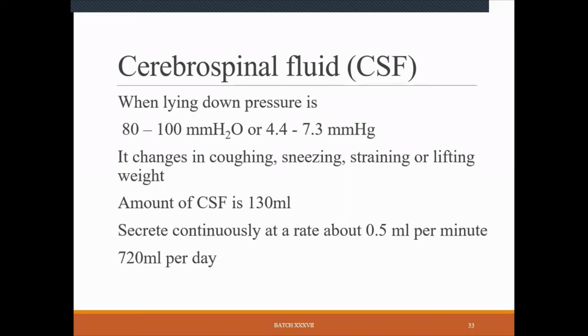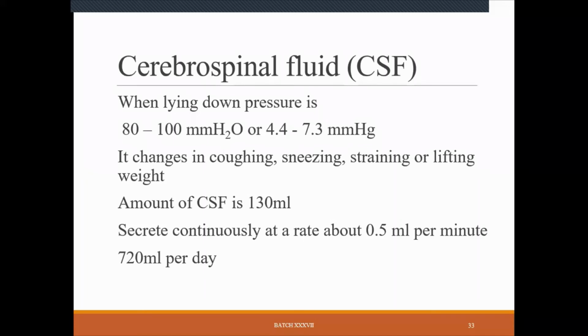And this cerebrospinal fluid has a certain amount of pressure. It is about 80 to 100 millimeters of water, or 4.4 to 7.3 millimeters of mercury. So you can see that the CSF pressure generated in the brain is very low compared to the blood pressure.